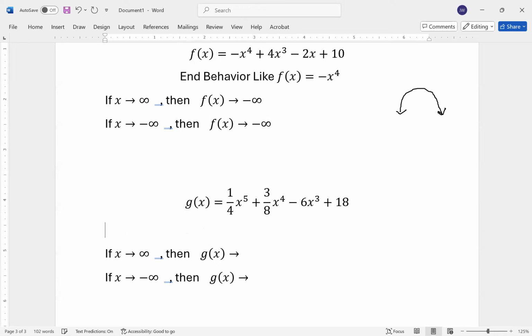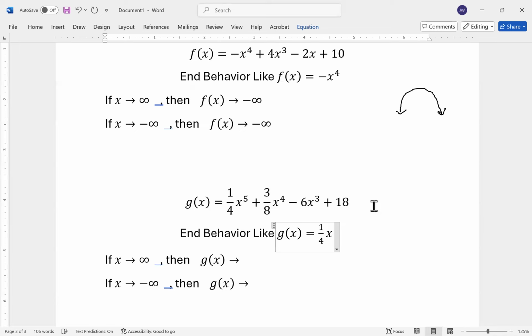For this second function, the end behavior is going to be like a function g of x, which is equal to just the leading term there, which is 1/4 x to the fifth power.